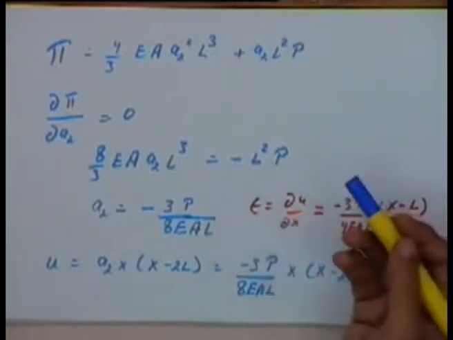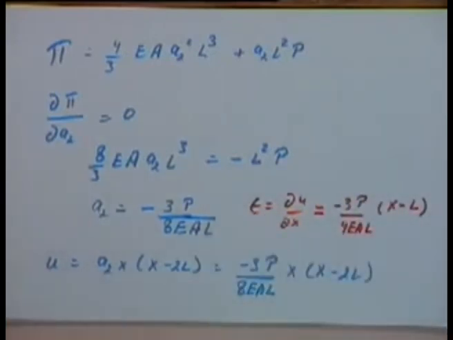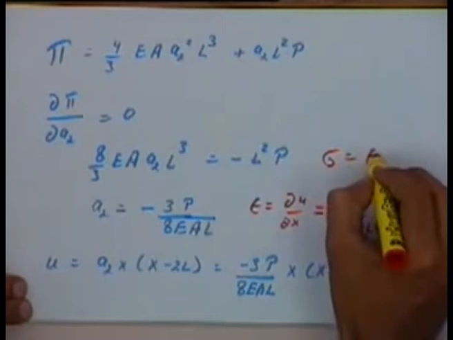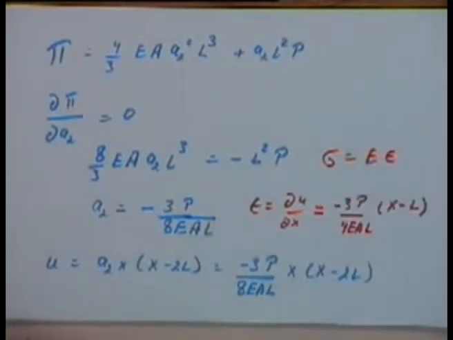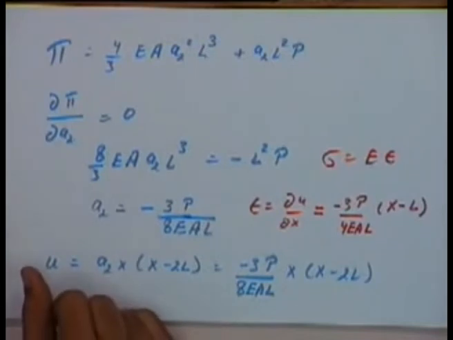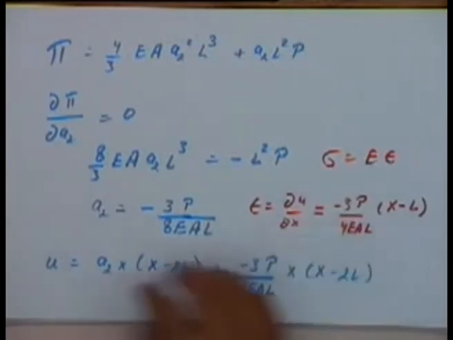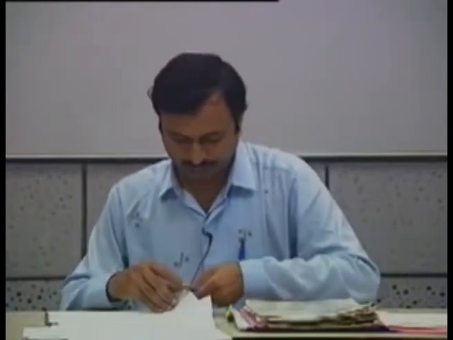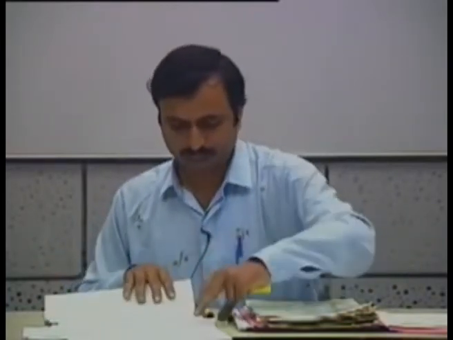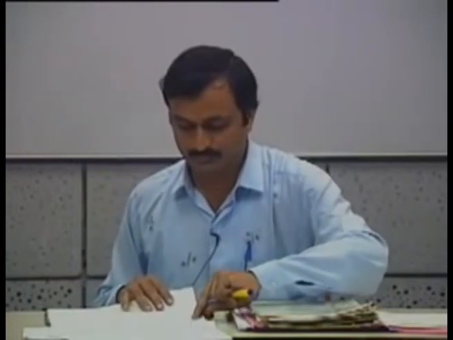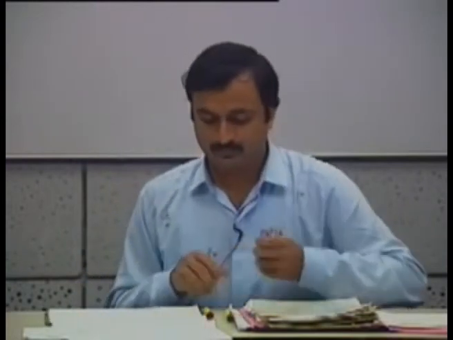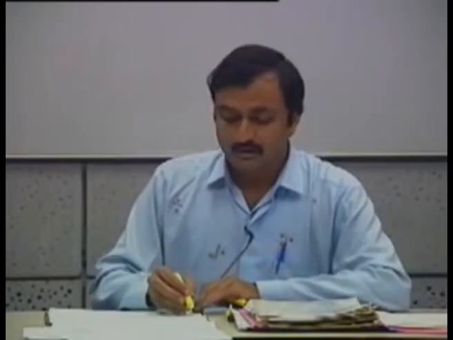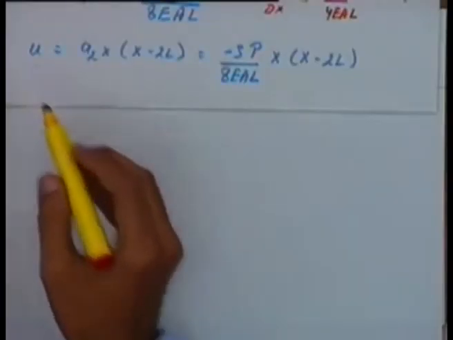If we know epsilon, we also know sigma, as sigma is equal to E times epsilon. So this is how we can find all the stresses and strains in the body. But if you look at this solution, how does this deformation u vary with the distance?